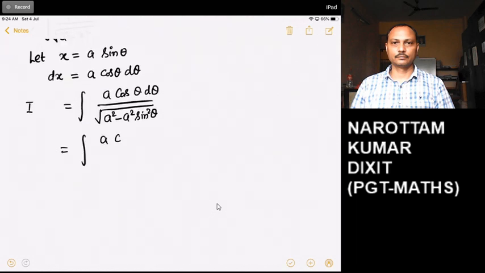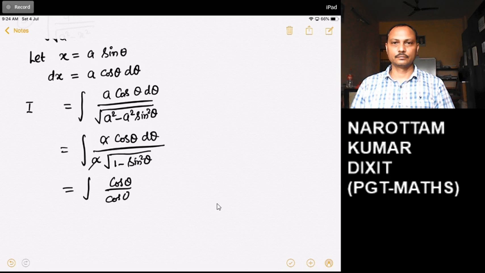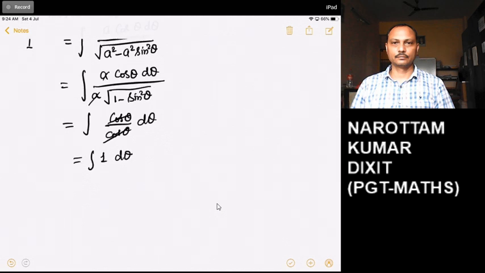Here taking a square common, it will become a outside the square root. So within the square root we have 1 minus sin square theta, and you know 1 minus sin square theta is equal to cos square theta, and the square root of cos square theta is cos theta. The a's cancel out. So we get cos theta divided by cos theta, it cancels out. Again we get 1. So integration of 1 with respect to theta is theta, and c is the constant of integration.